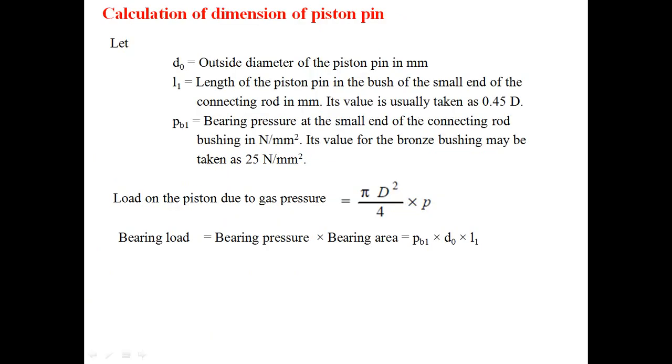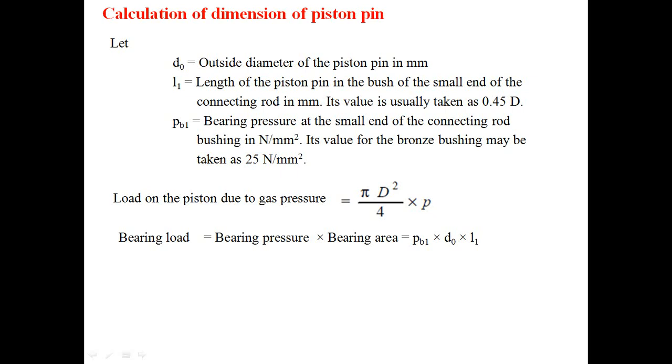Calculation of dimensions of the piston pin. The piston pin dimensions can be calculated by using the following relation. Let us consider D is the outside diameter of the piston, L1 is the length of the piston pin, and Pb1 is the bearing pressure. So the load on the piston due to the gas pressure will obviously be pi by 4 D square multiplied by small p, and the bearing load will be equal to the bearing pressure multiplied by the bearing area.